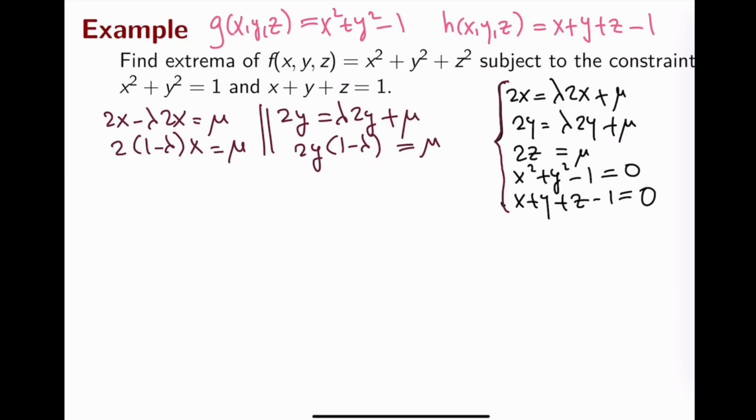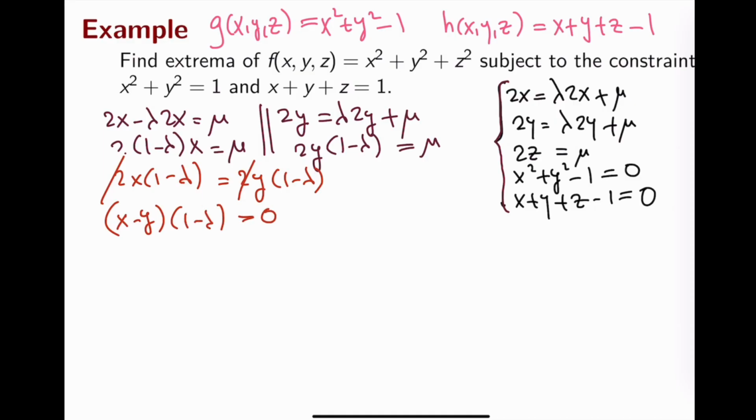Because both are equal to mu. So we get here that 2x times 1 minus lambda is the same as 2y times 1 minus lambda. We cancel the 2's and putting everything in one side, we get that x minus y times 1 minus lambda is equal to 0. And we have also from the third equation that 2z is equal to mu. So we have also that z is going to be equal to x times 1 minus lambda.